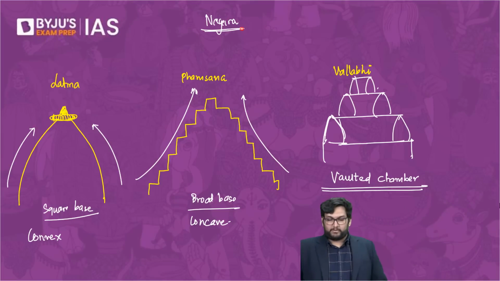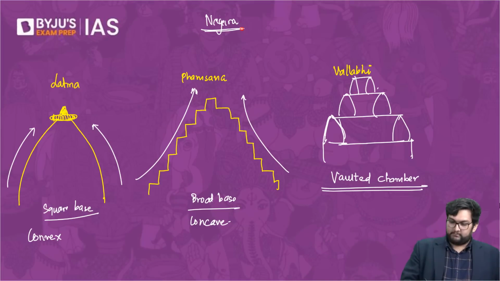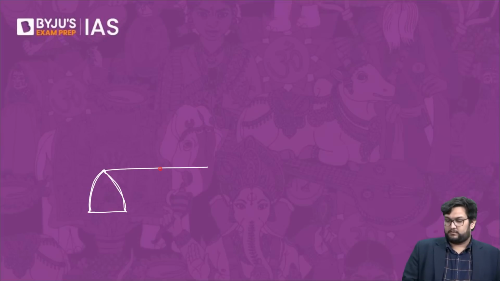Because then we talk about the last one. It's very easy. Make a triangle like this. Simple.